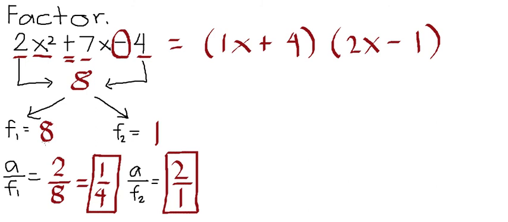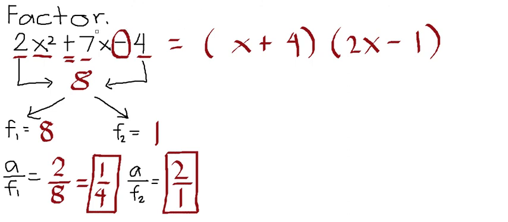Basta take note, ang mga numerators or final numerators rather, ilalagay natin sa mga x, katabi ng mga x. And yung mga final na denominators, yun naman yung mga constant terms. Since ang 1x ay katumbas lamang ng x, tanggalin natin yung 1.